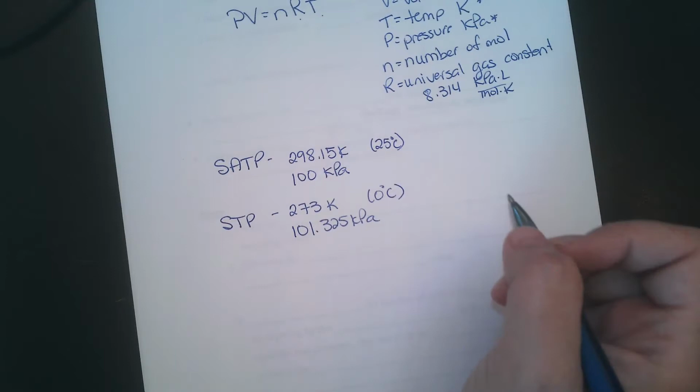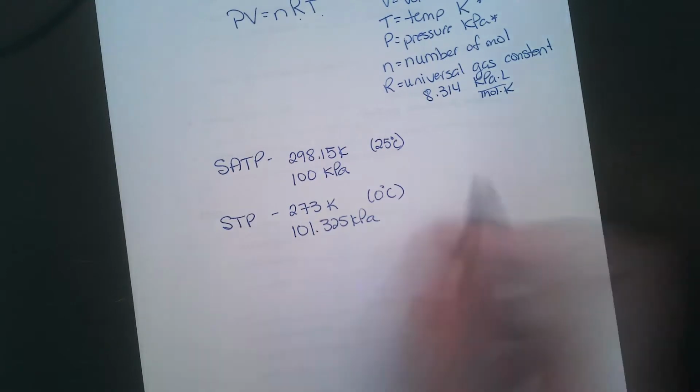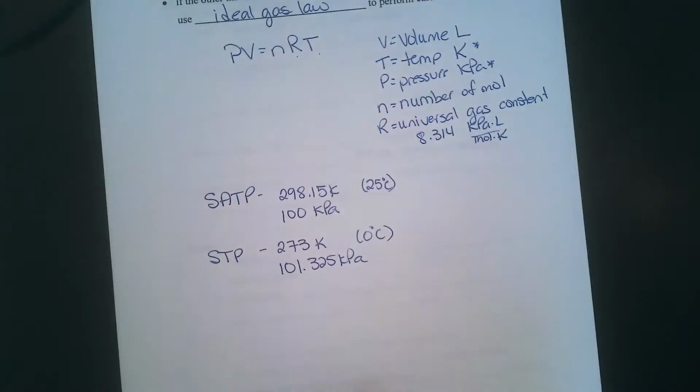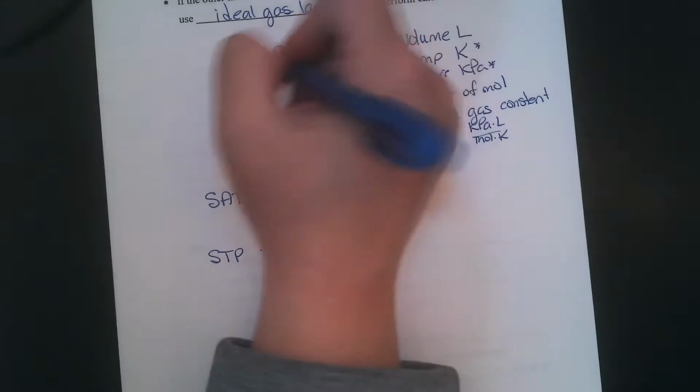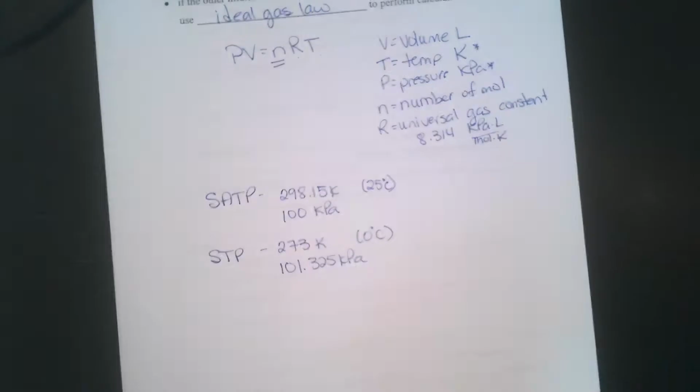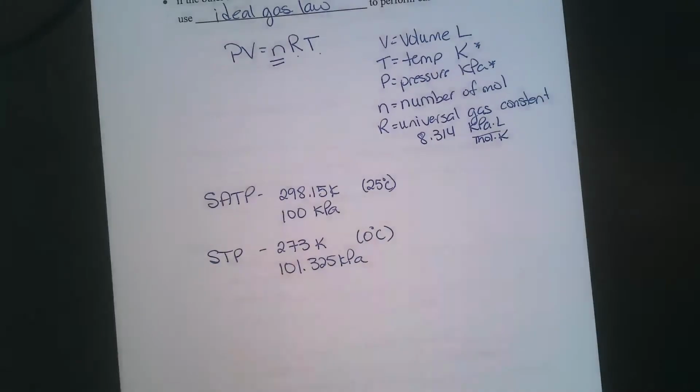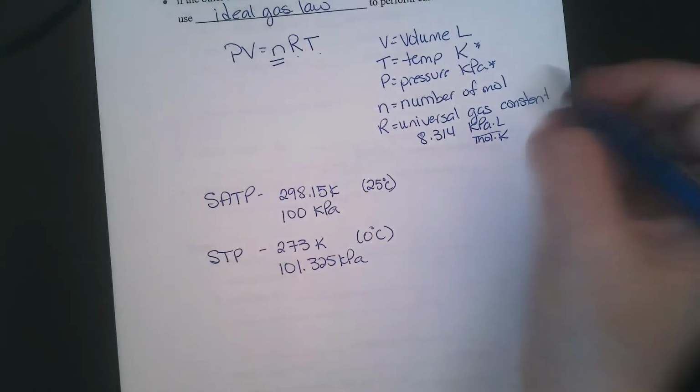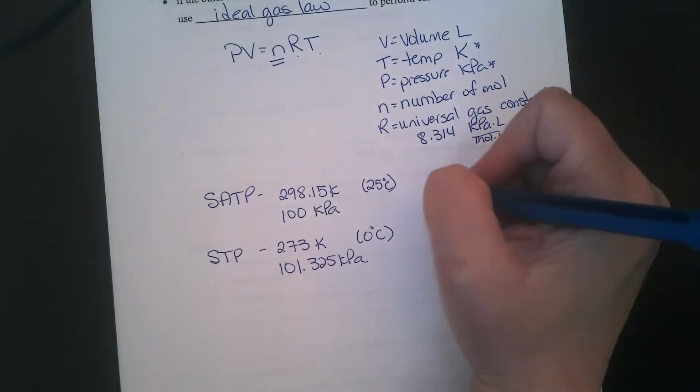So those are some big pieces of information that we need to remember. PV equals nRT. Here's going to be where we get our moles from.